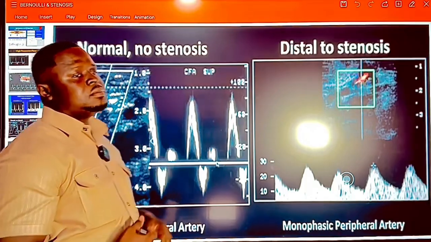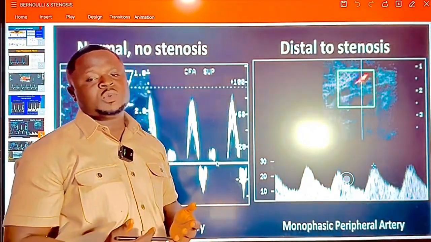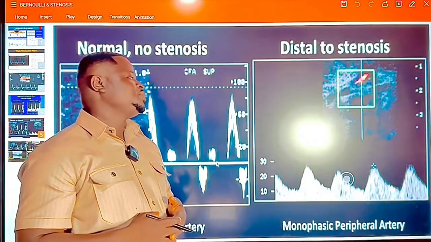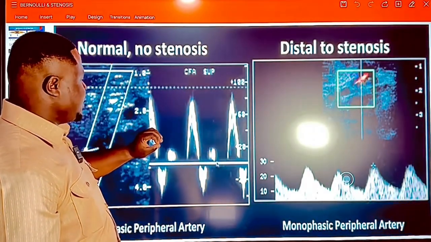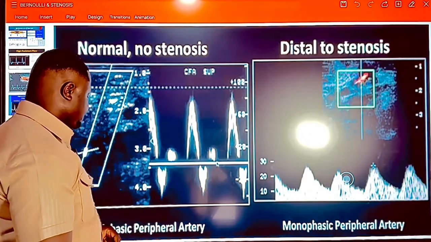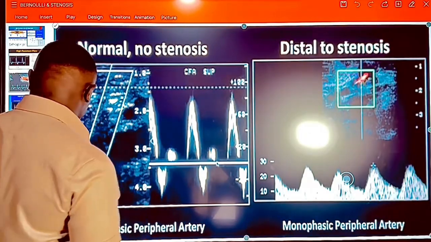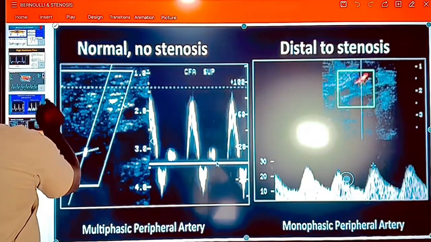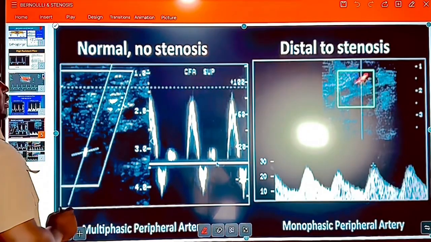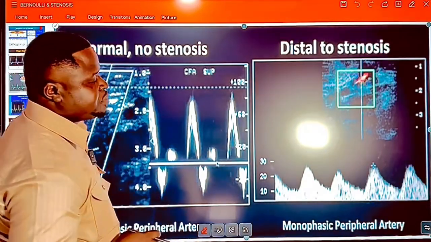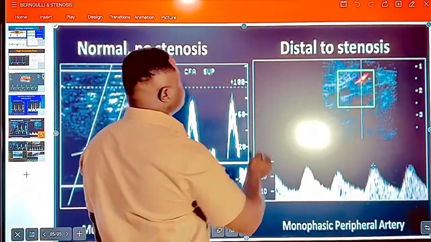Now we have monophasic flow, we have biphasic, we have triphasic flow. When we take this vessel here, let's use this waveform to explain Bernoulli's principle.